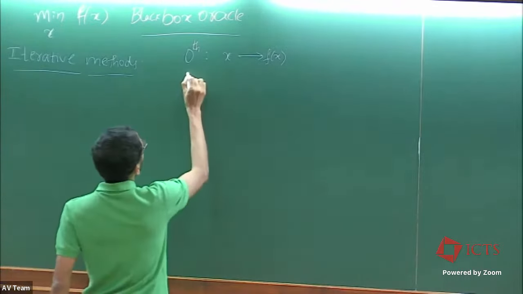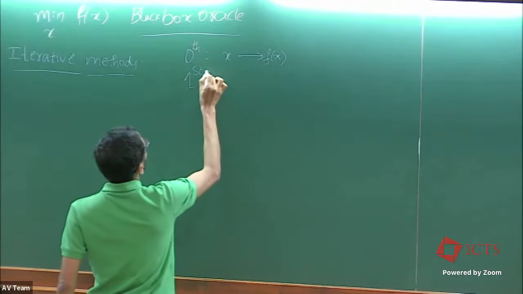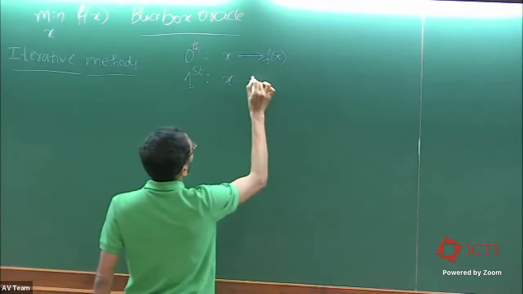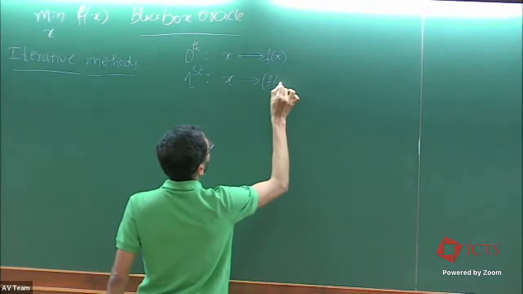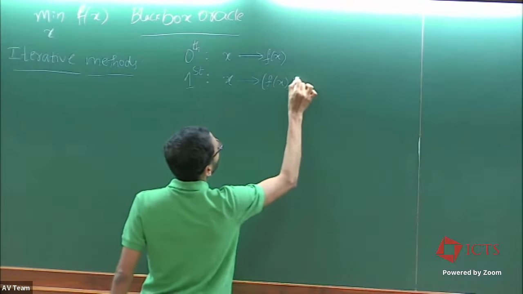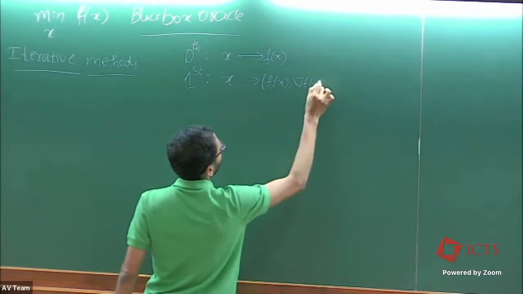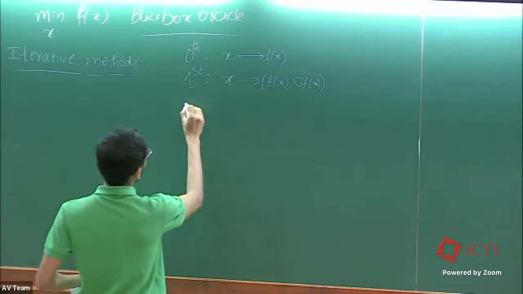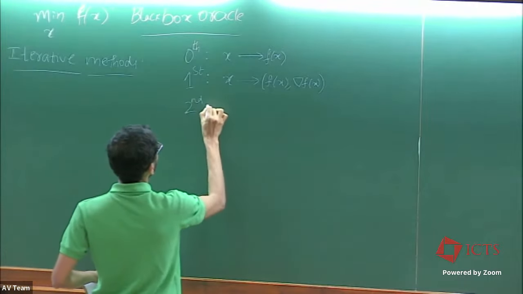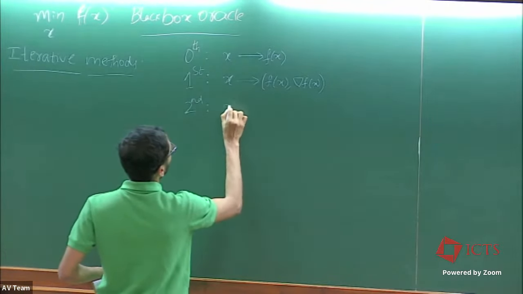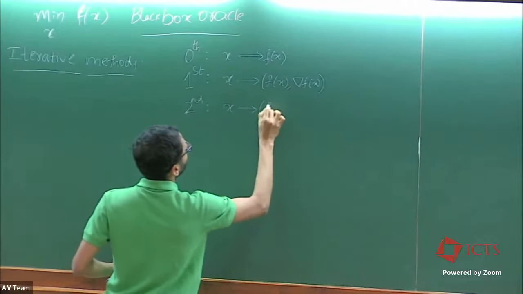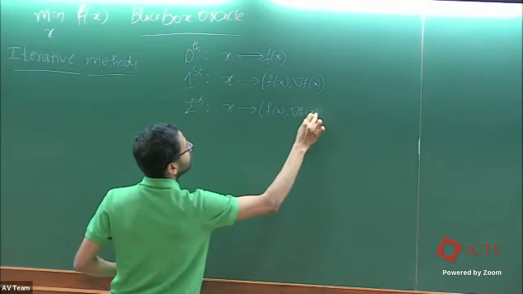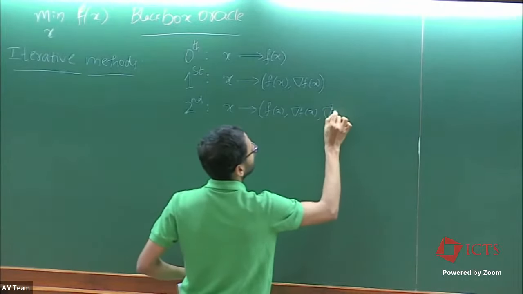Then we can think of other stronger notions of oracle, like the first order oracle, which takes x and gives us both the function value as well as the gradient of f at x. Then we can again think of a second order oracle, which gives us f of x, grad f of x, and then grad square f of x.